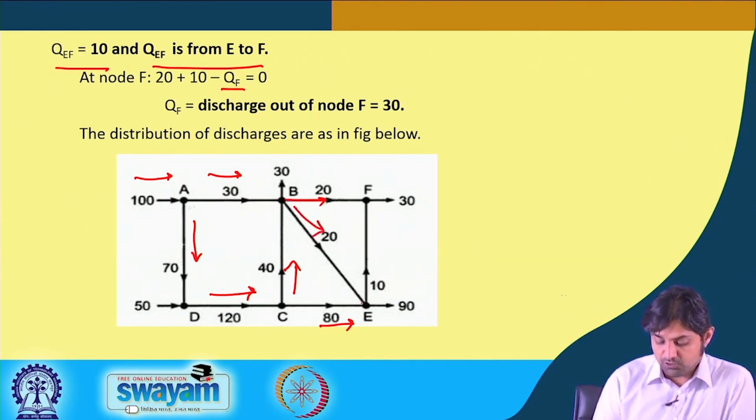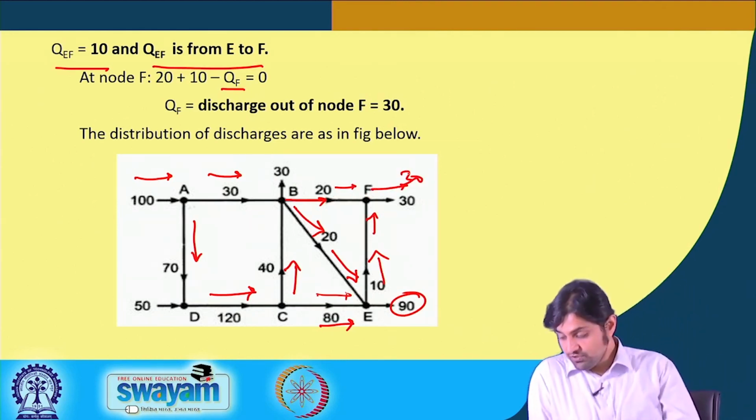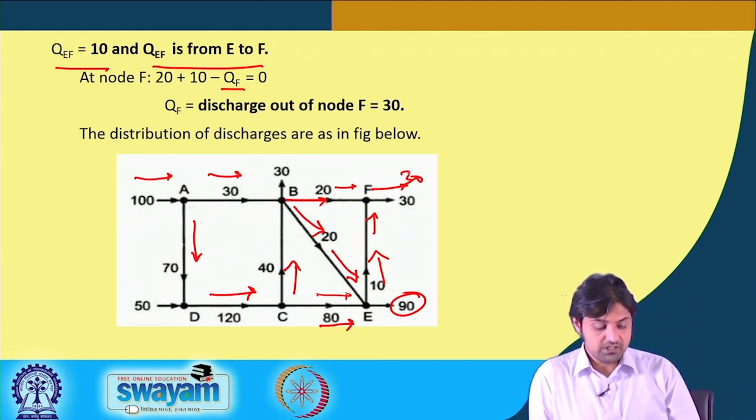Okay. At node E 80 is coming in this direction and 10 is going in this direction. However, we are also getting 20 from this direction, therefore resulting will be 90. So at node F what is happening is we get 20 from this side, 10 from this side, and this total 30 is going from this side. So every place the equation of continuity is satisfied.